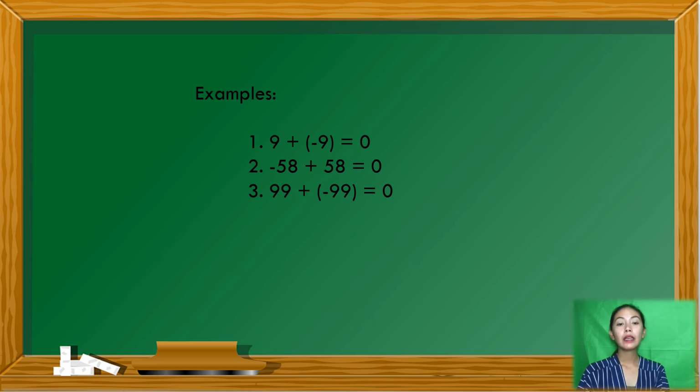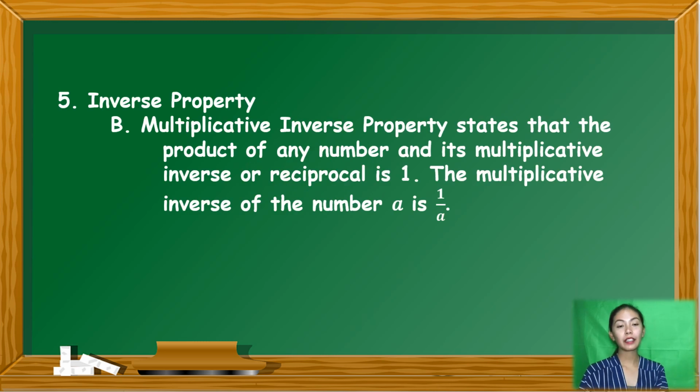Example, 9 plus its inverse, which is negative 9, is equal to 0. Next, negative 58 plus its inverse, which is positive 58, is 0. And last, number 3, 99 plus its inverse, which is negative 99, is also equal to 0. Okay, next, multiplicative inverse property.